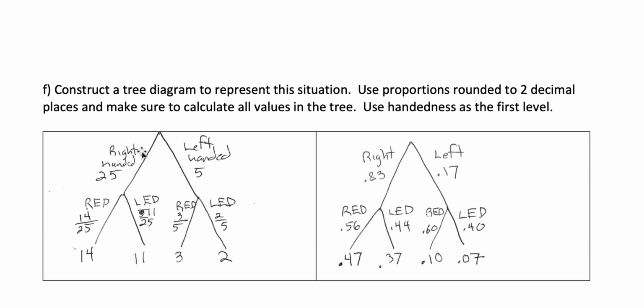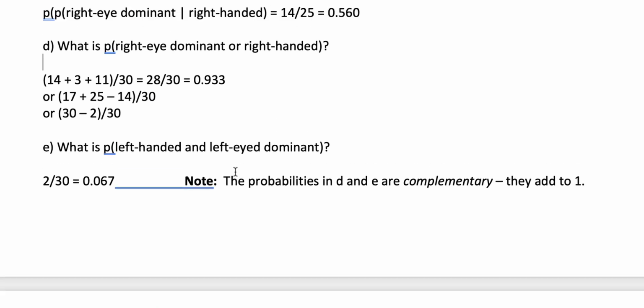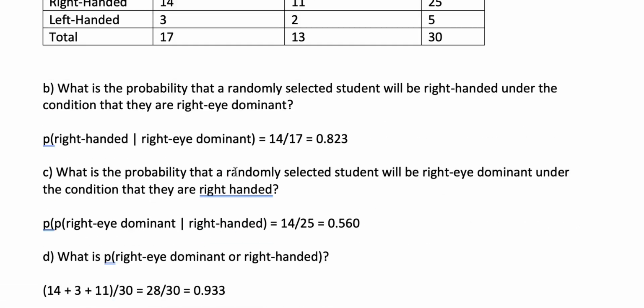Okay, then we wanted to construct a tree diagram to represent the situation, and it's not clear what we would necessarily use as the first level, so we said, all right, let's use handedness as the first level. I divided it into two different tree diagrams. In one, I have the numbers, where I have 25 right-handed and 5 left-handed.